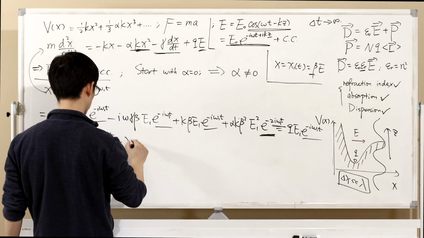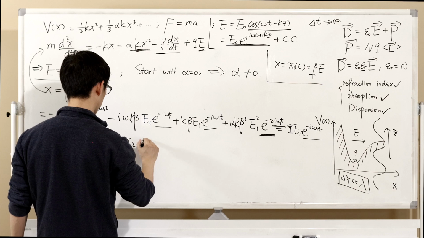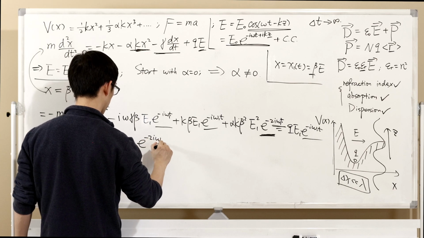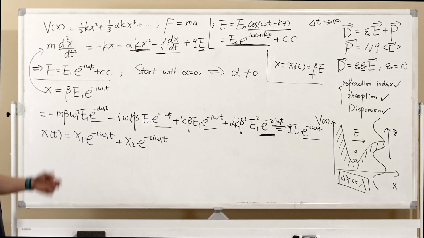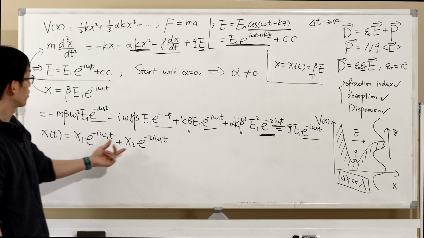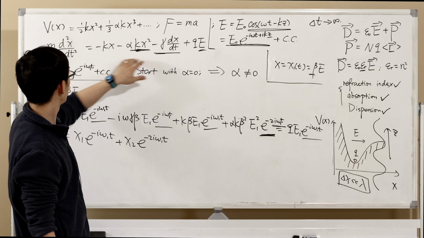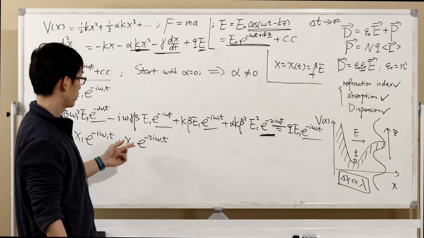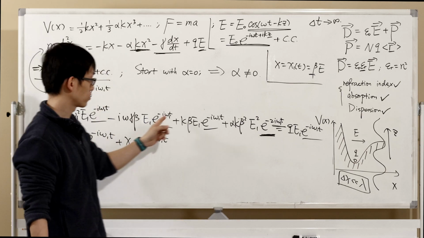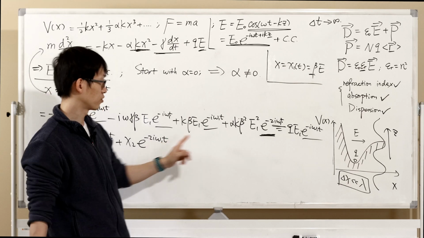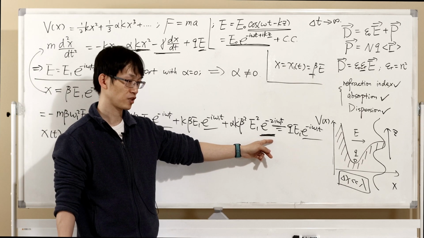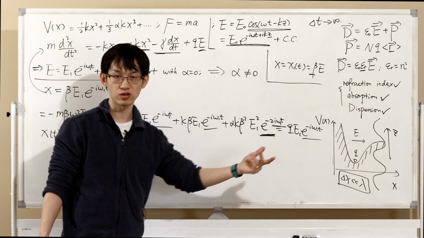So maybe there's a second term that oscillates at twice the frequency. You hope that when you plug this back into this equation, the omega 1 terms cancel with all the omega 1 terms, and the 2 omega terms cancel with the 2 omega terms. That way it might also work.